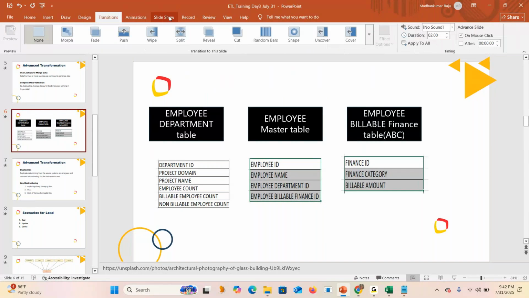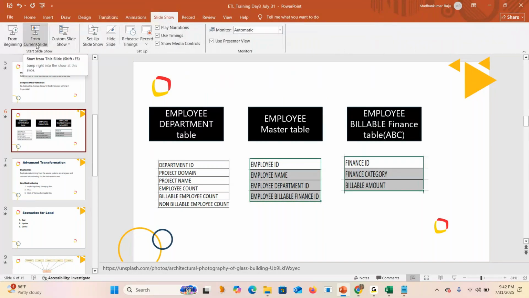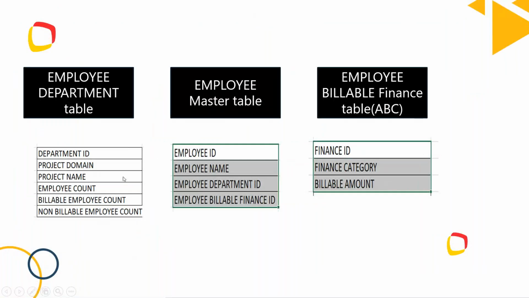We have the employee department table in the source. So it is changing slowly. What is changing slowly? The data is changing slowly. Why is it changing? From the source I'm getting updates also, right? If there are some 10 records in the employee department table, I'm going to receive one more project.